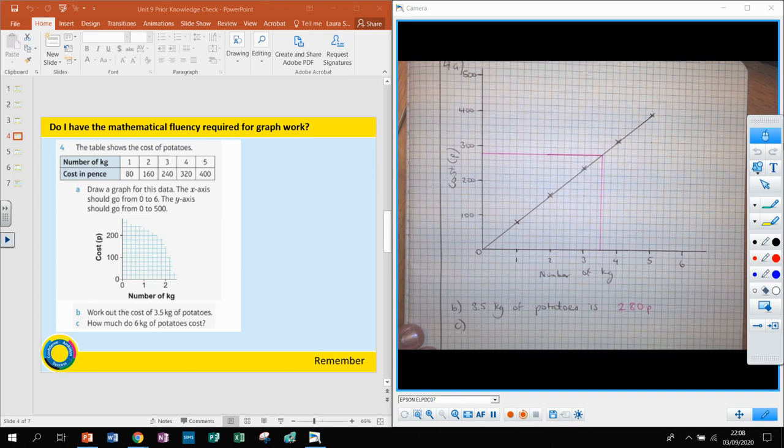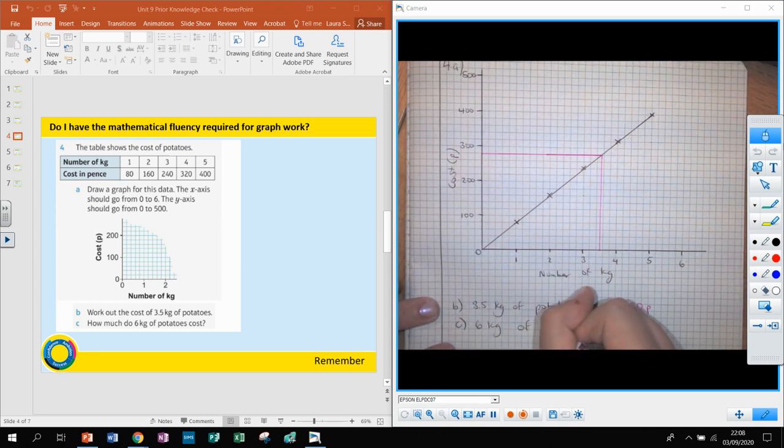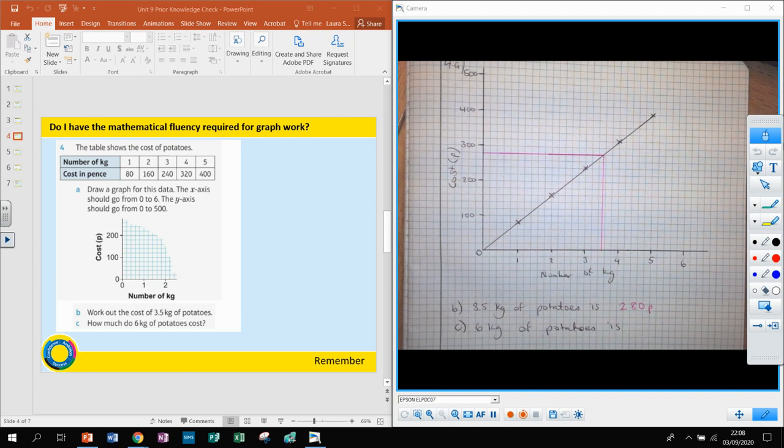And then for part C, they've said, how much do 6 kilograms of potatoes cost? So now we're looking at 6 kilograms of potatoes. Now I know that this is a linear relationship, so I know that each extra kilogram costs a certain amount. In fact, each kilogram seems to cost 80.